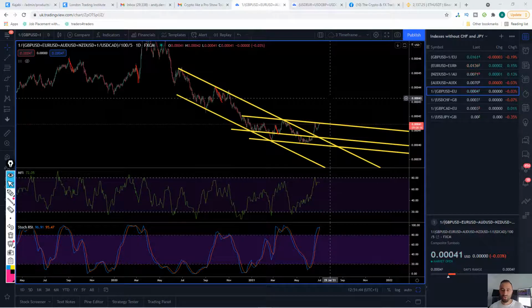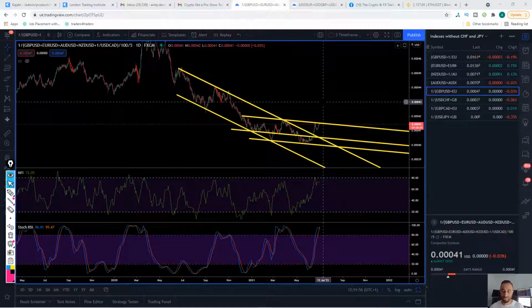I'm going to show you where I think the dollar could go, and then what kind of currency pairs you could trade to take advantage of that.